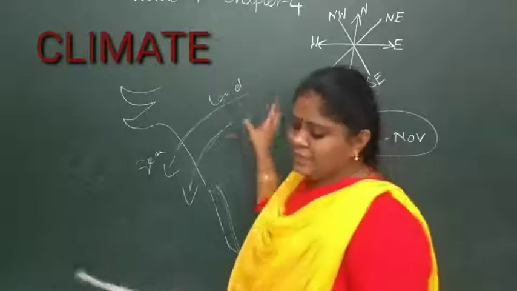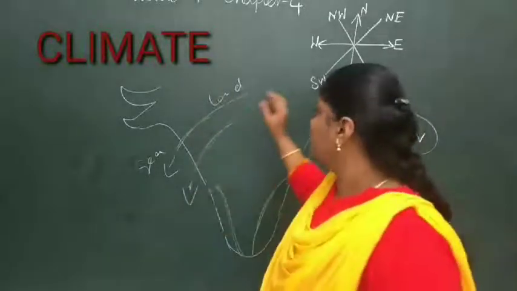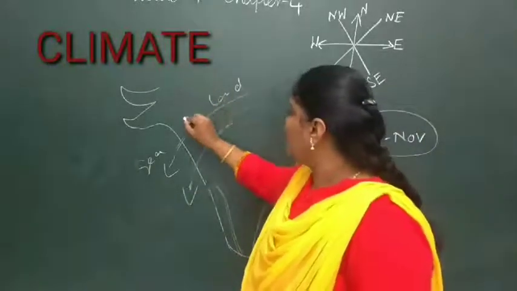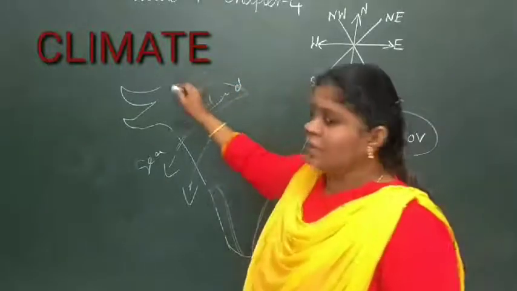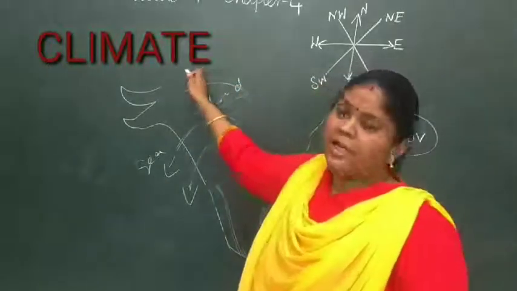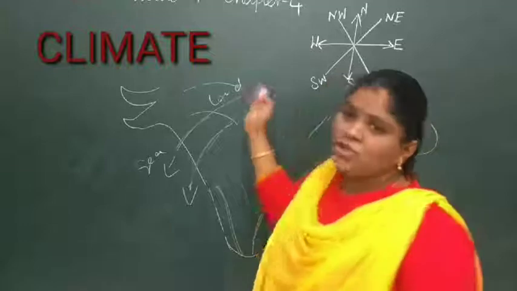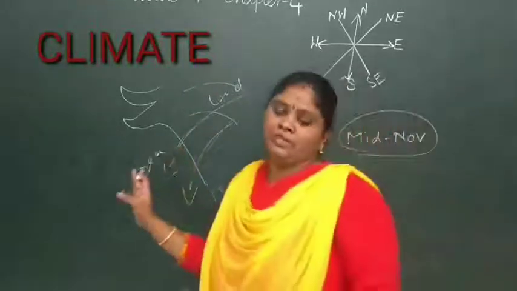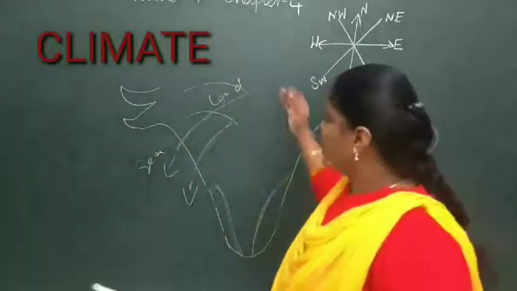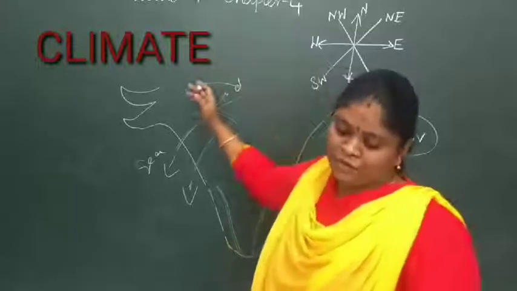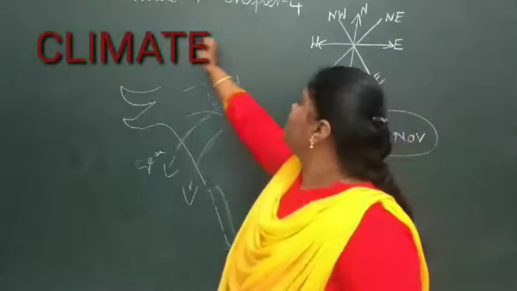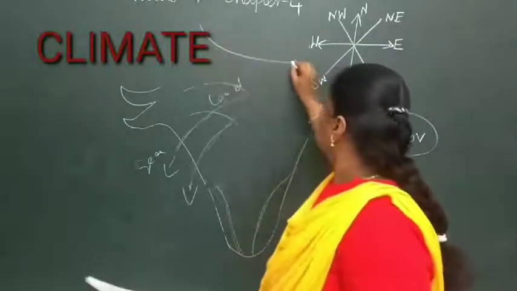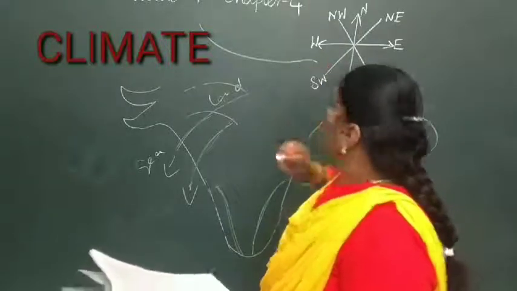When that is happening, it is influenced by the relief features. You can find the Aravalli ranges are there, the Vindhya ranges are there, and here you have the Himalayas. So these relief features are affecting it, and the wind that is blowing over the Ganga valley is from the western direction. So it is moving from the western to the eastern direction.